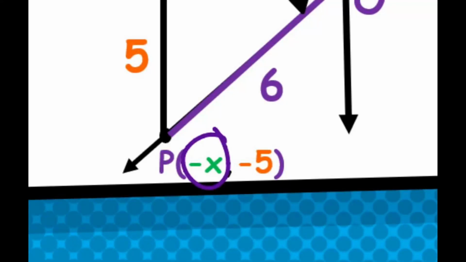So we know that x is going to be negative, because we're on the left side of the y-axis where the x values are negative. So the square root of 11 is 3.32 approximately, but I'm going to write that as negative. And we do need to be aware of that as we're working through some of these.